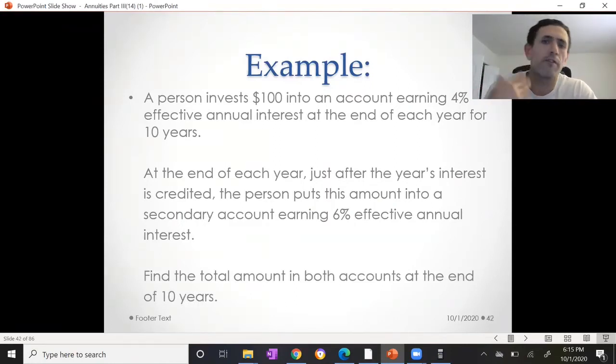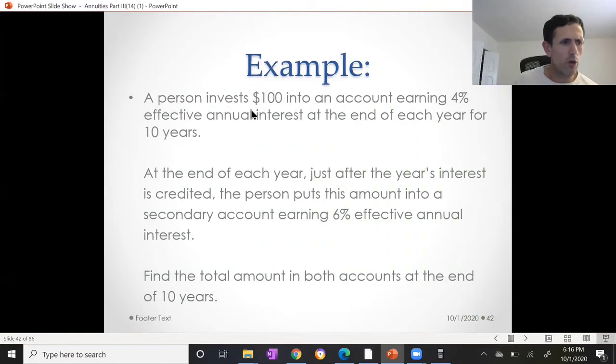So the total amount in the first account is pretty straightforward. It's the second account that's a little tricky. So let's do this, okay? So definitely I would draw a timeline for this problem, as we will do right now.